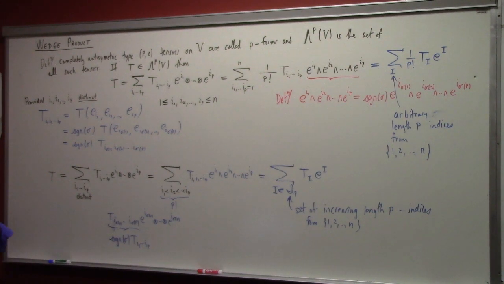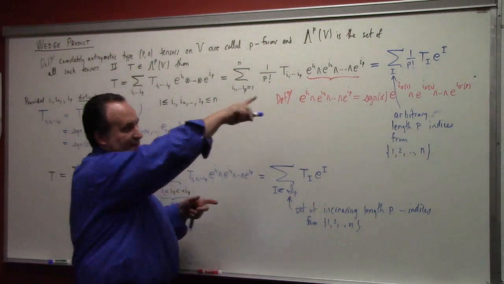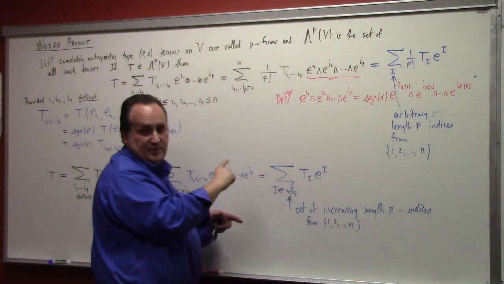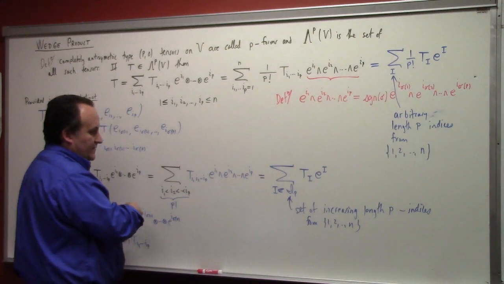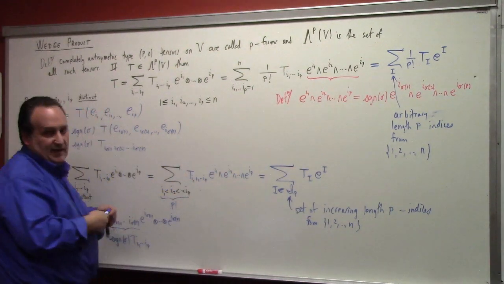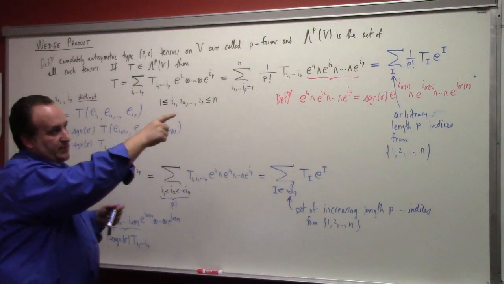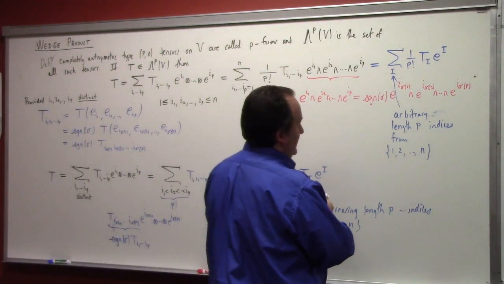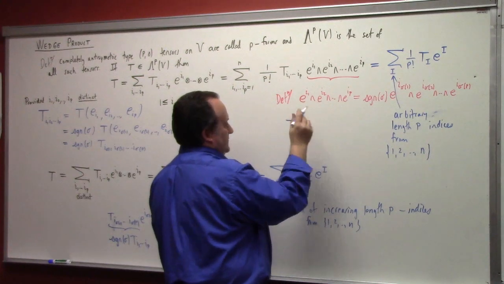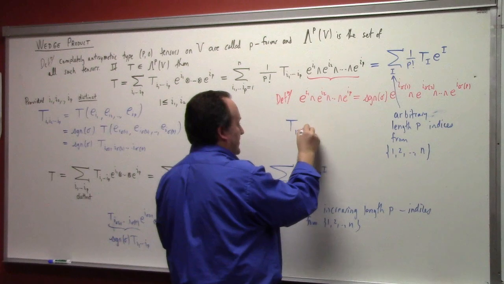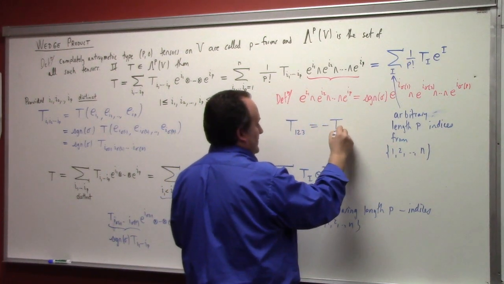The bad thing is that it is not a basis expansion, whereas this is a basis expansion, because you can prove that these things with increasing indices form a basis for the p-forms over lambda V. Whereas here, if I make p equal to 3 for a second, I will have the case that T123 is equal to minus T213.